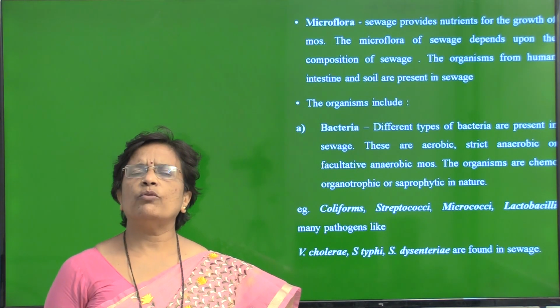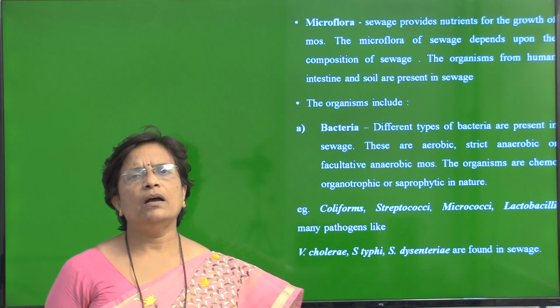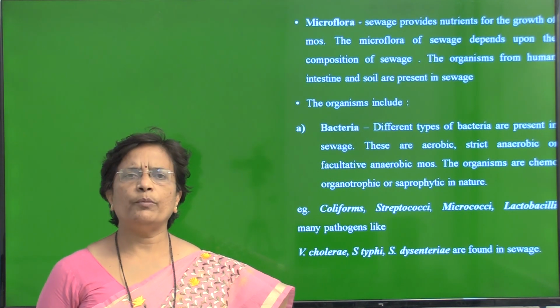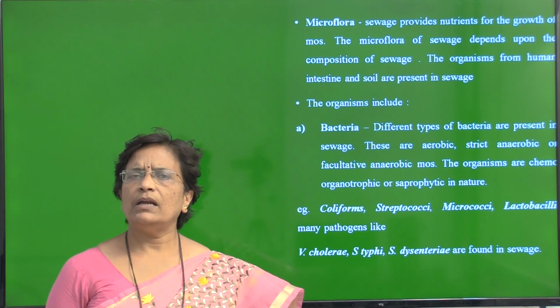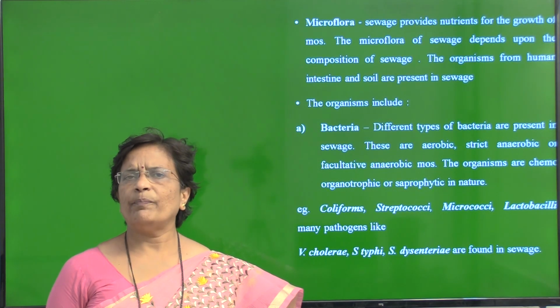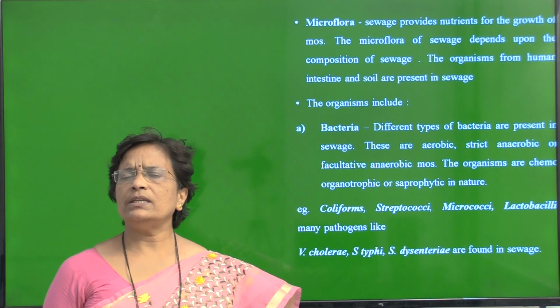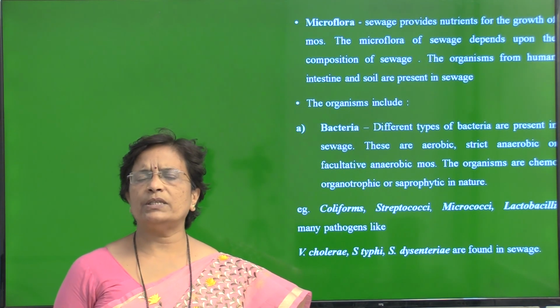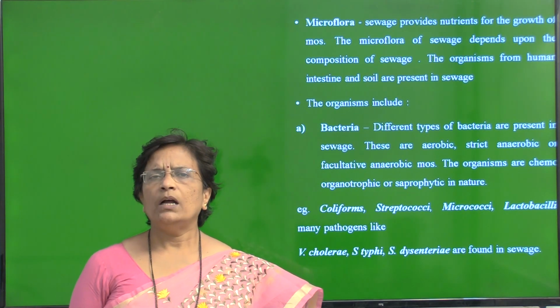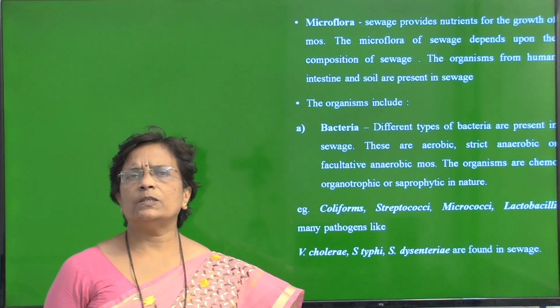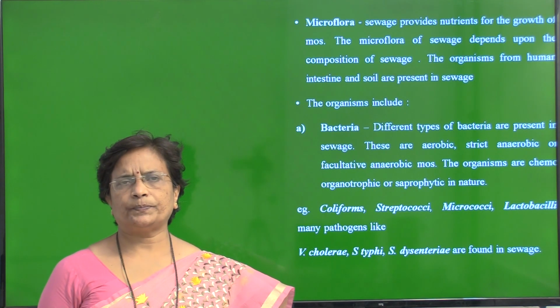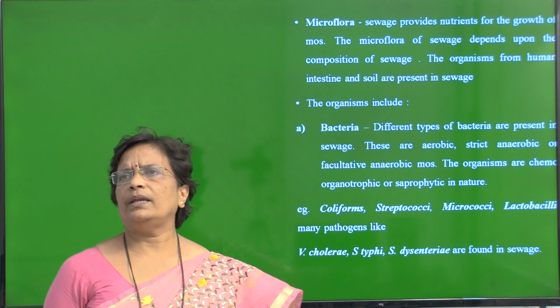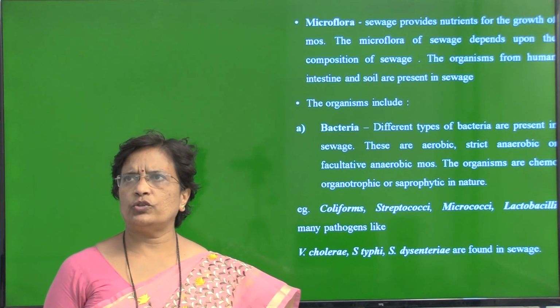Sewage contains a variety of bacteria, algae, fungi, protozoa, yeast, actinomycetes, etc. So let us see these different types of organisms which are present in sewage. The first type of microorganism is bacteria. Different bacteria are present in sewage.